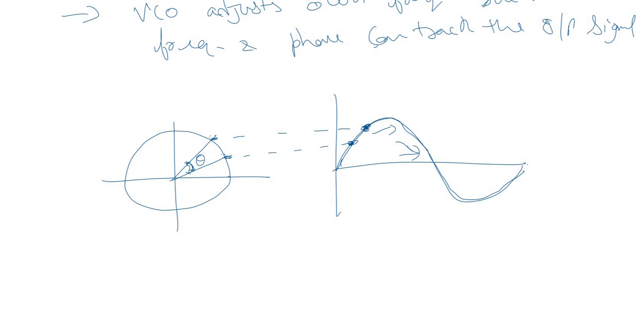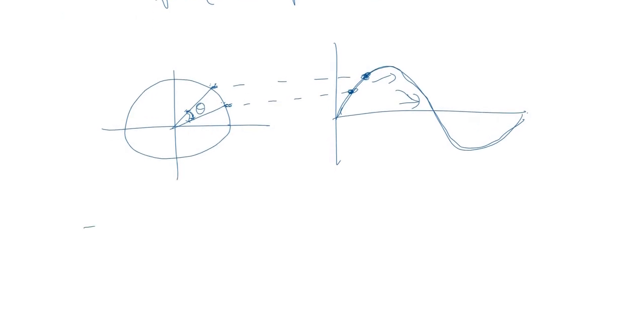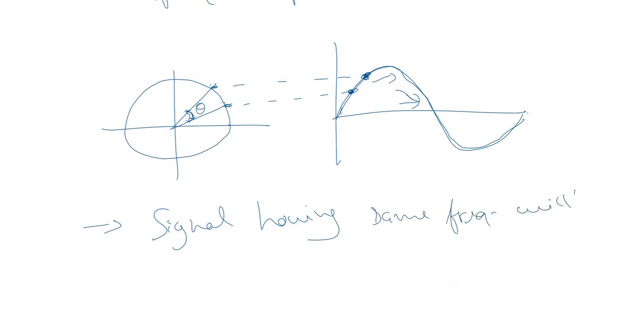So here we can make a very important conclusion that signals having the same frequency will have a constant phase difference.